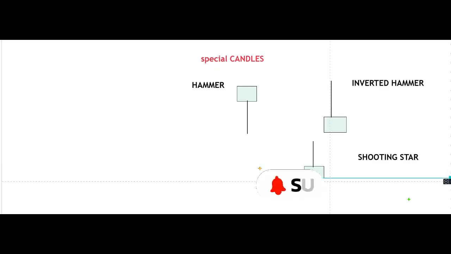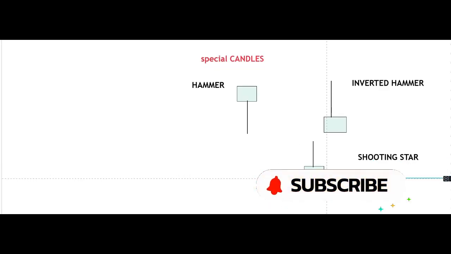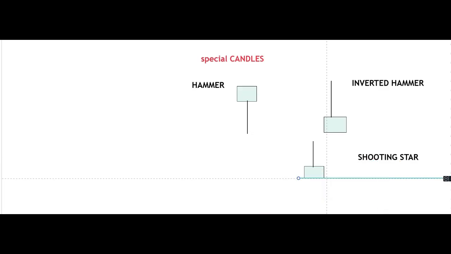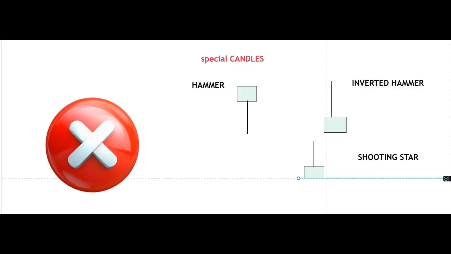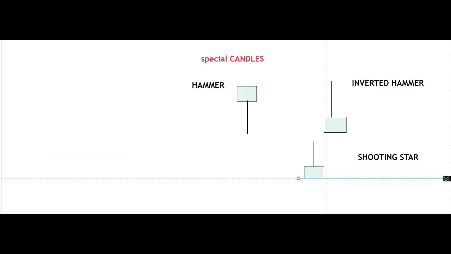Till the close is not below, it is only an inverted hammer. And this is also a special candle. So remember, this special candle should come at lows or highs. It is invaluable if it is coming in between the trends.